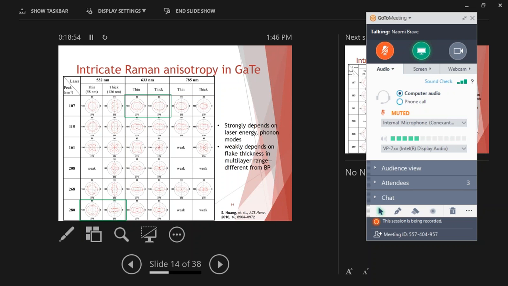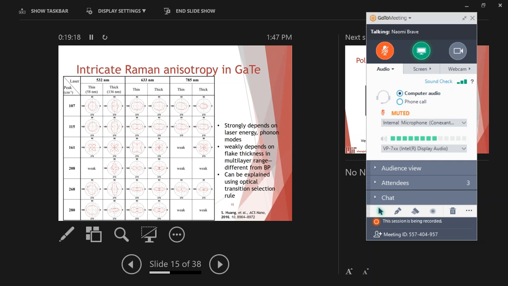So we cannot see the polar plot having opposite orientations for thin and thick flakes. From this, we know that Raman anisotropy for gallium telluride is strongly dependent on the laser energy and the phonon modes, but weakly dependent on the flake thickness.